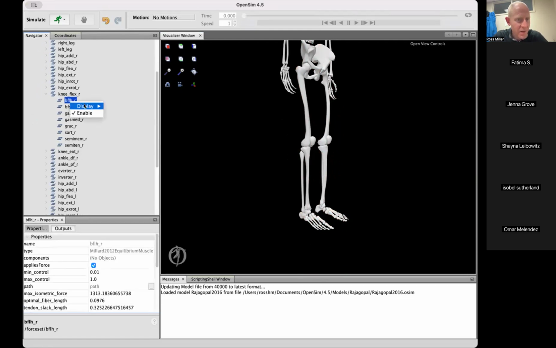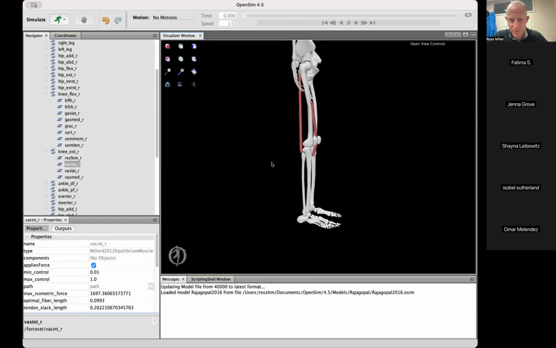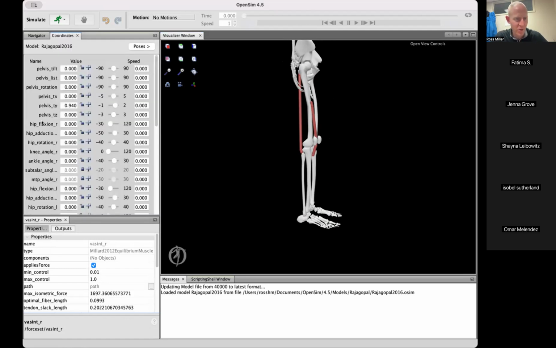Let's just show biceps femoris. And for my knee extensors, let's just show vastus intermedius. Okay. So there I've got a knee extensor muscle, one of the quadriceps, and a knee flexor muscle, one of the hamstrings. Okay? And then I can go over to my model controller here and I can change the flexion angle of the knee.